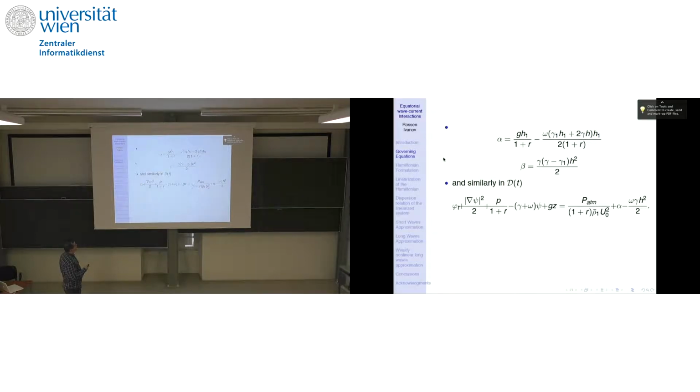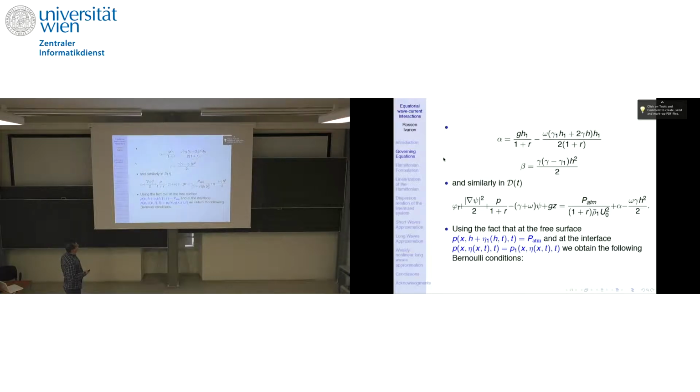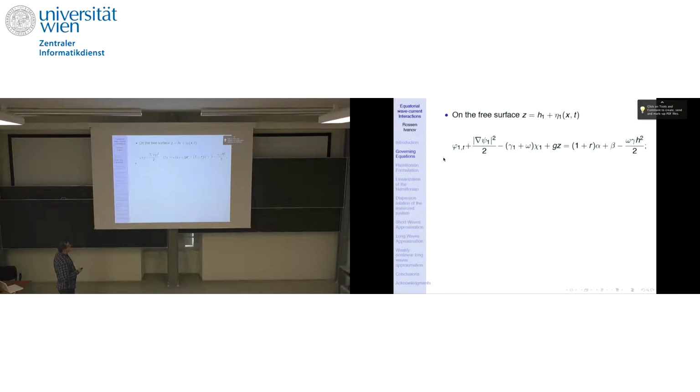Similarly, with this Nabla operator, we have another set of constants, and from these two equations, given that on the surface we have the atmospheric pressure, so here we have P equals P1 from equality below, and on the two sides of the thermocline on the interface, we obtain the Bernoulli conditions.